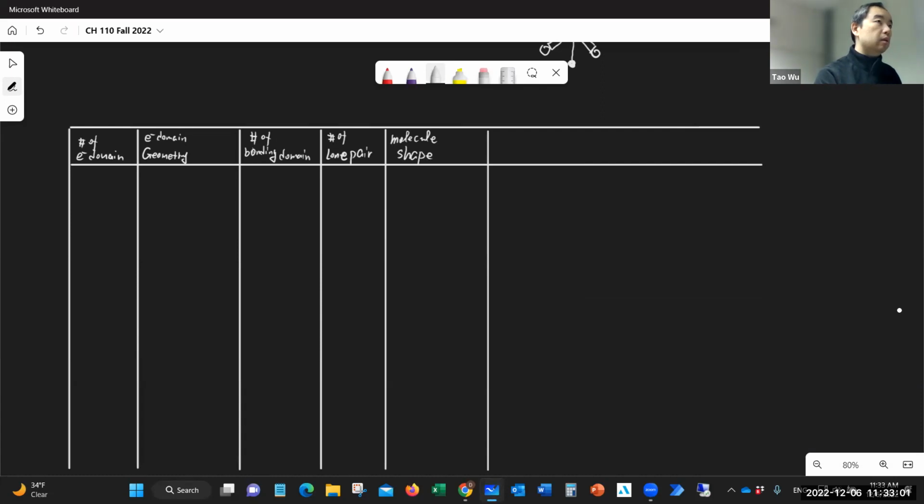Then let me see what else. Formula. How do we write this kind of formula? Then the next one is the bond angle.